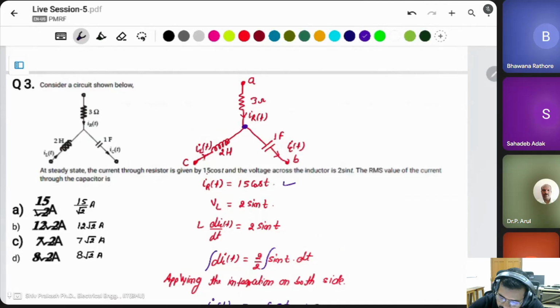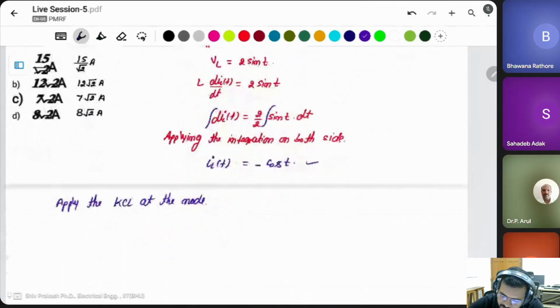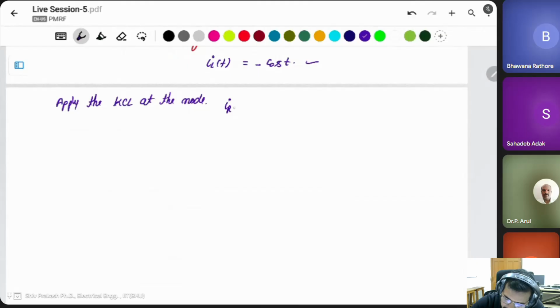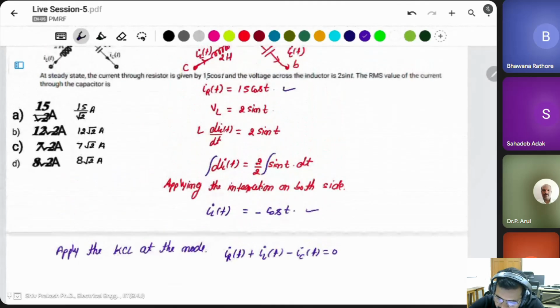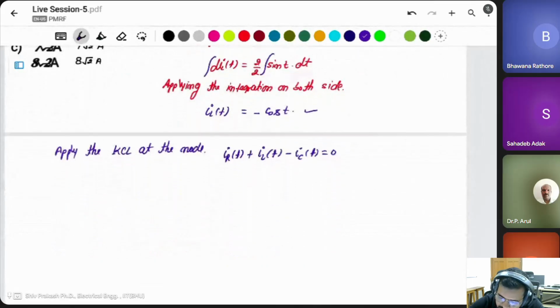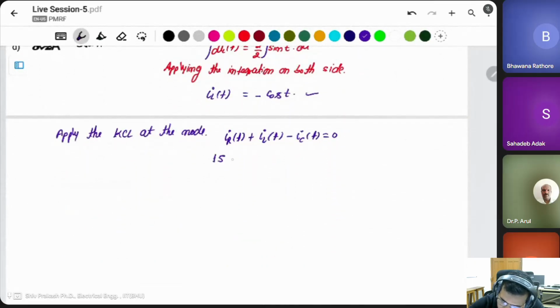IR and IL are incoming currents, IC is the outgoing current. So IR(t) plus IL(t) minus IC(t) is equal to 0, because IC is the outgoing current. IR(t) is 15 cos t, IL is minus cos t. Then what is IC(t)? It is equal to 14 cos t.